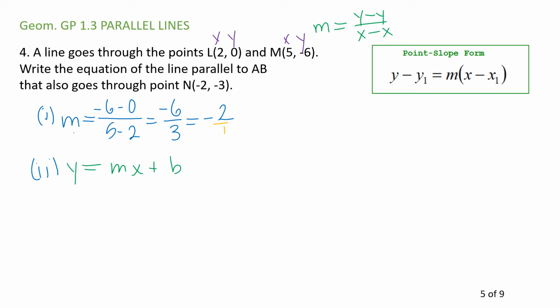Well, here's my x, y. So plug those in. Y goes here, x goes here. I already found the slope was -2. So y equals mx plus b.